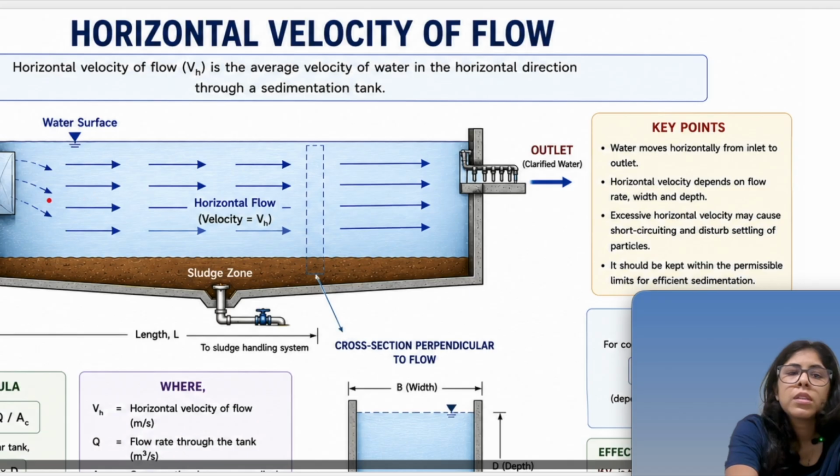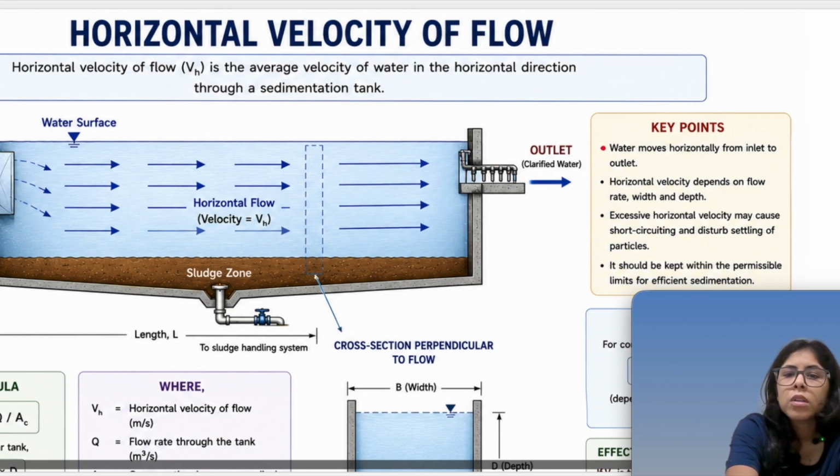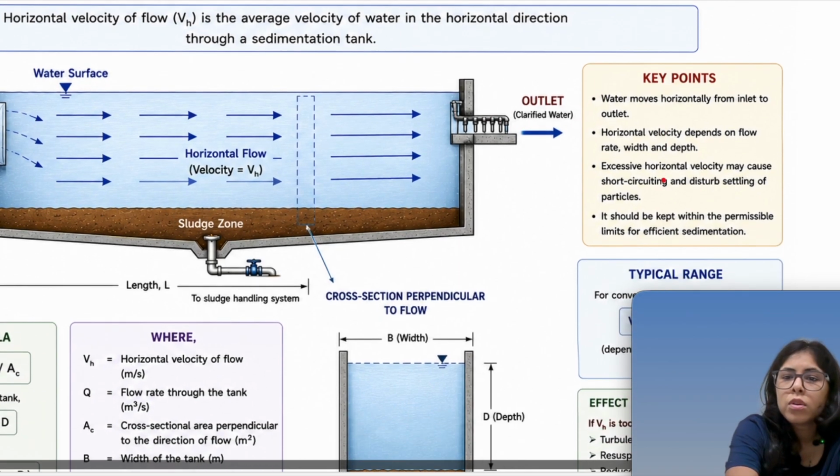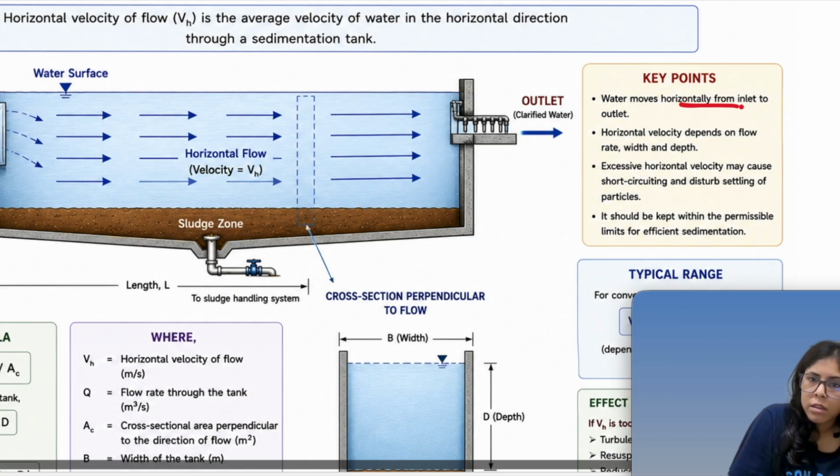You can see the water is coming from the inlet, moving in this direction, and going into the outlet. The key points are that water moves horizontally from inlet to outlet, and horizontal velocity depends on flow rate, width and depth. So it depends on the discharge, the width of the tank and the depth of the tank.